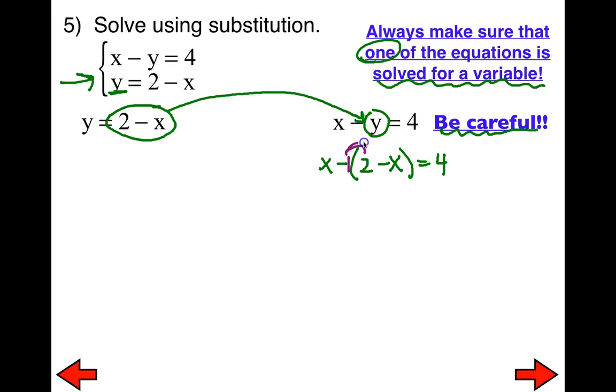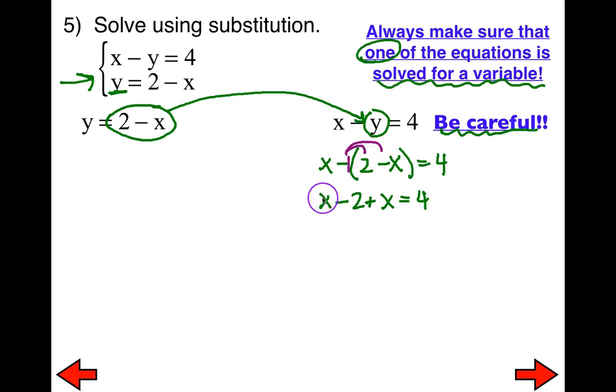So I'm going to distribute that, which will give me x, negative 1 times 2 is negative 2, negative 1 times negative x is positive x equals 4. The thing you need to be most careful about is making sure you're distributing that negative. In the previous example, it was a positive number, so distributing a positive 1 really didn't change the values at all. But distributing a negative definitely does.